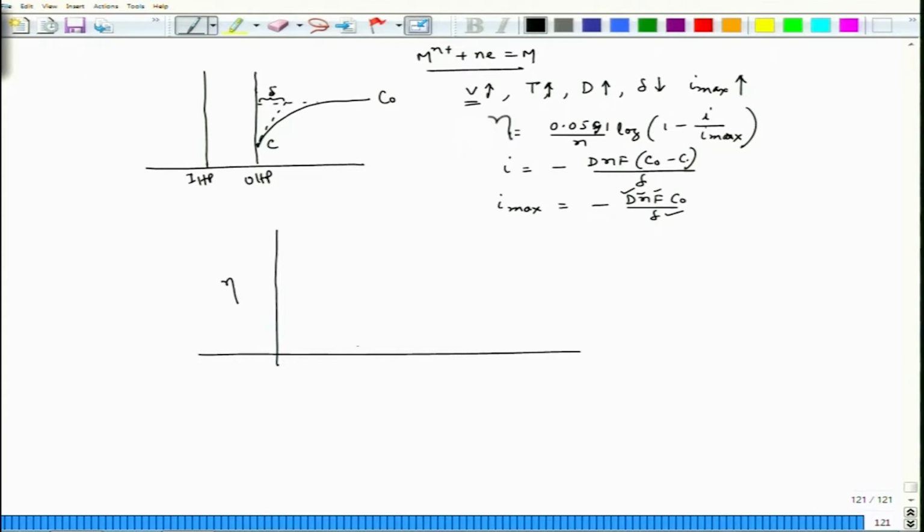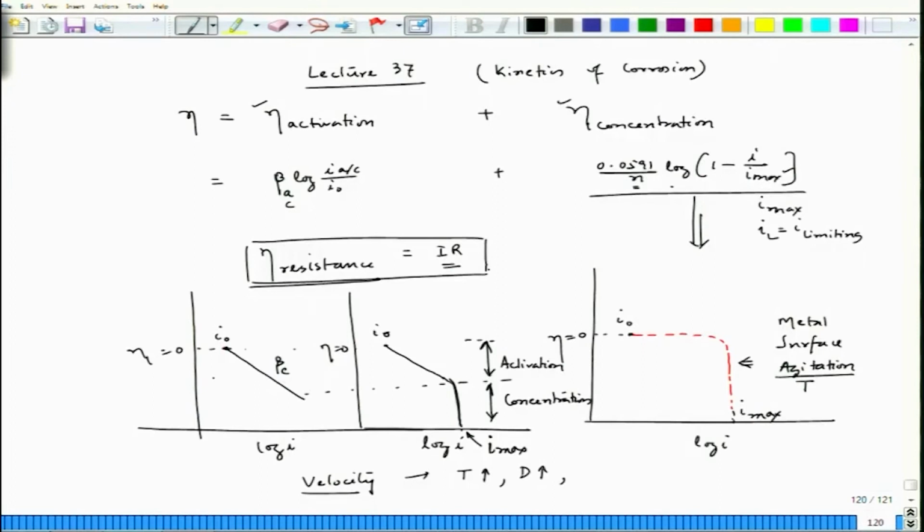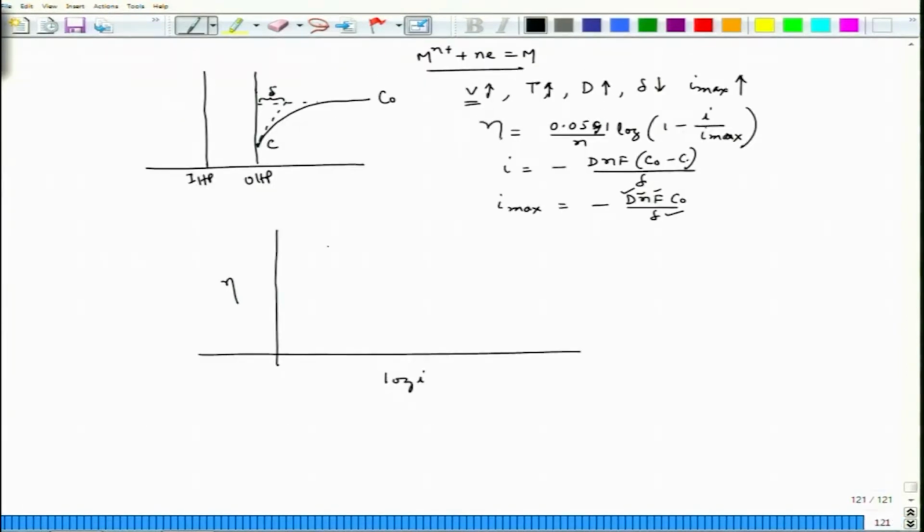Now, you could see the combination of those two situations, one is activation and another one is concentration, and this is the combination of these two. Here, first it will go like this, which is the activation part, and then the concentration part would increase this polarization, which is cathodic side. This is I0 corresponding to eta equal to 0.